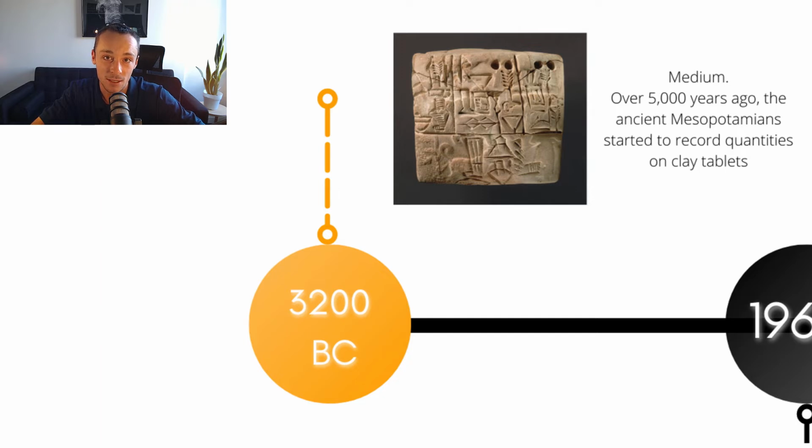And that's the reason why I wanted to demonstrate this time in history. So as we can see here, over 5,000 years ago, the ancient Mesopotamians started to record quantities on clay tablets. And I think that's an interesting point to make because it really establishes the foundation of this idea in our head to record data as humans. So I thought I would put that in.